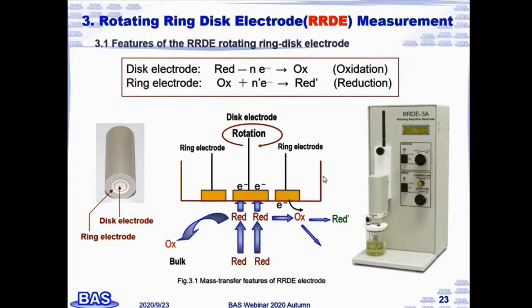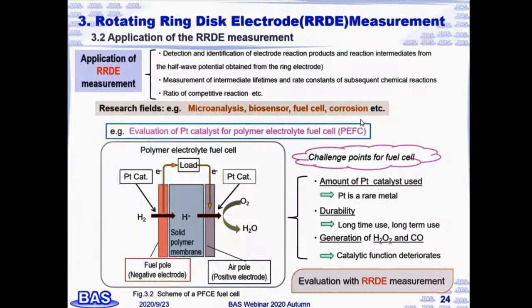Analysis of the ring electrode current provides information about the products and the intermediates of the disk electrode reaction. The rotating electrode method is often used in the field of fuel cell research, especially in the case of polymer electrolyte fuel cells (PEFC), as shown here.